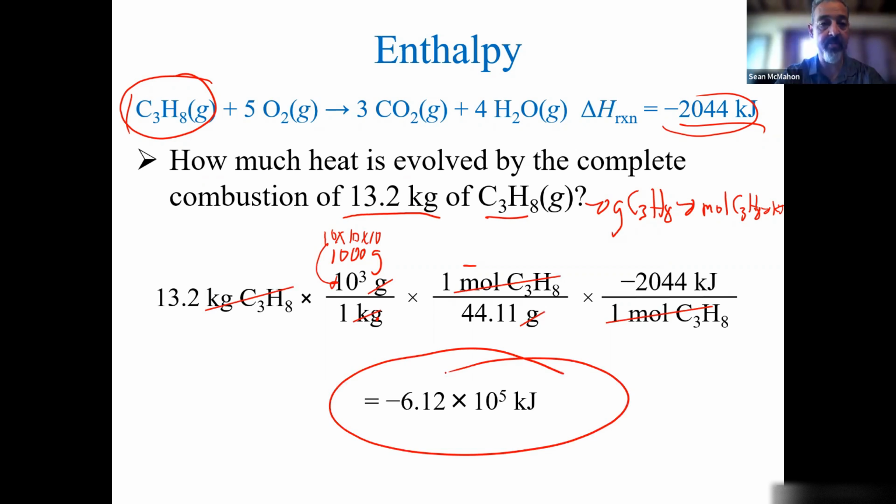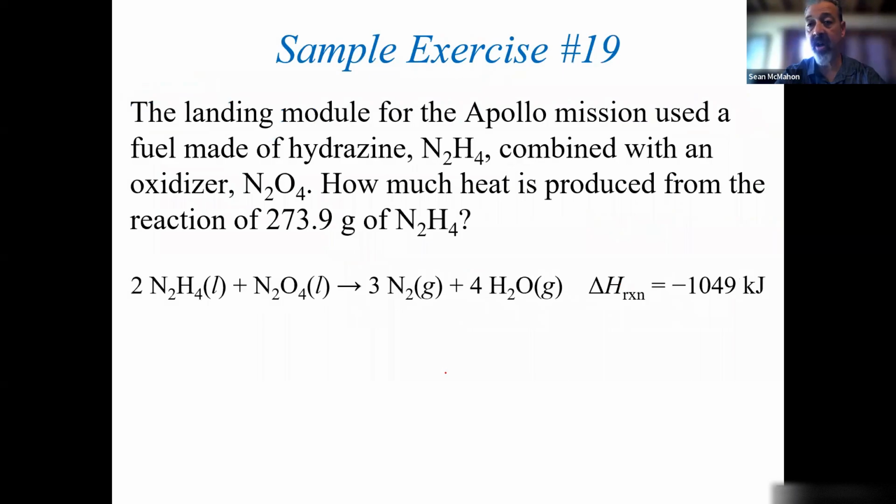So let's try another one, because this is all still stoichiometry. The difference is now, instead of me determining how many grams of a product I produced, now I'm interested in how much energy I release.